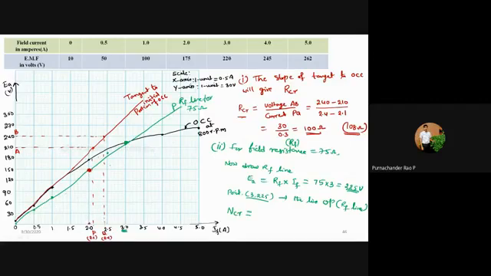I will consider this point as Y, this point as T, and this point as S.